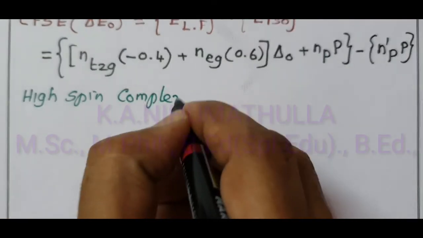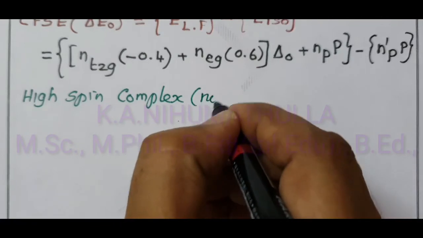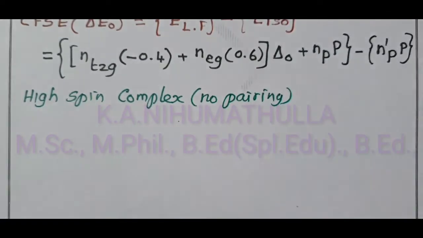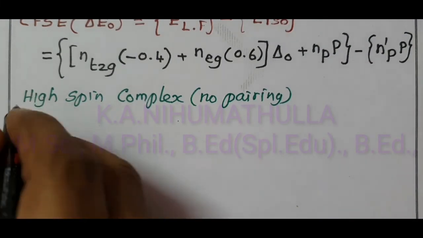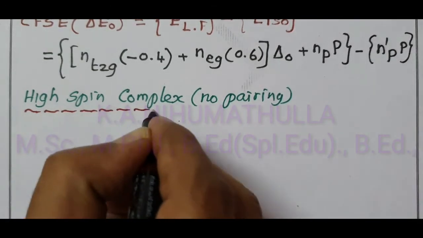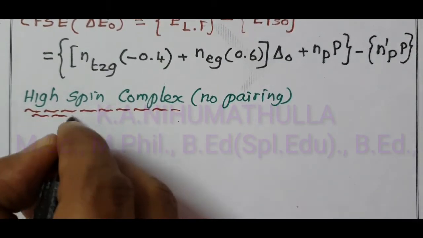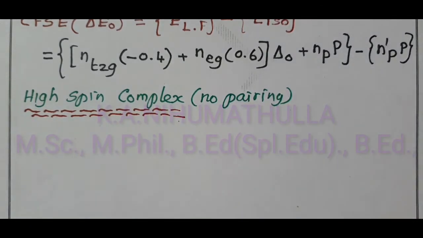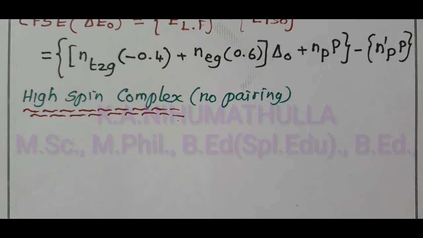In high spin complexes, no pairing takes place at first. For low spin complexes, pairing takes place. Correct? Now we have 5 electrons in the 3d orbitals.